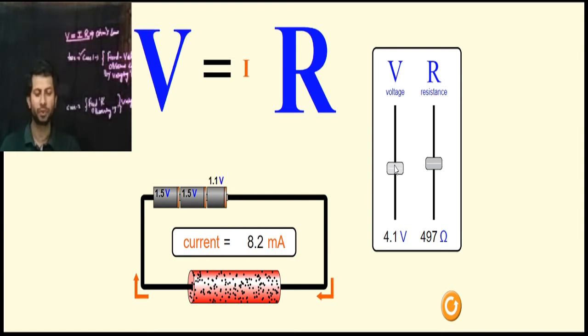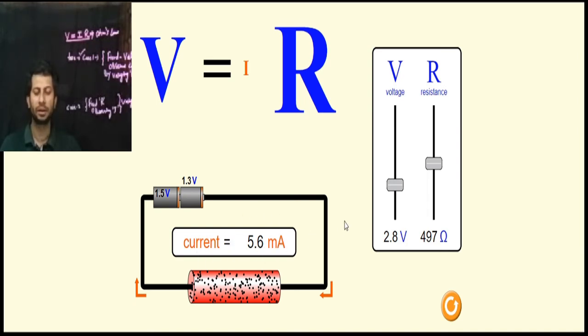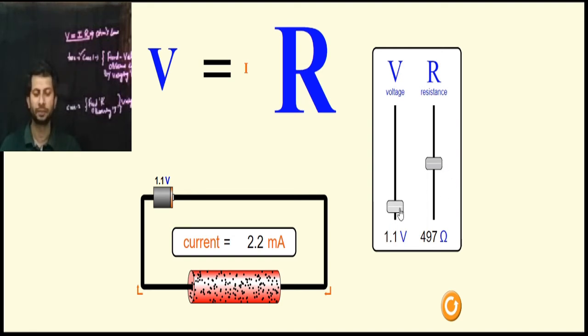First we move towards ground, or we decrease the value, and you can observe the current in this circuit keeps going down as we decrease the voltage while keeping the resistance constant.